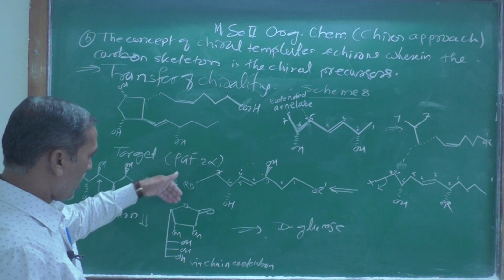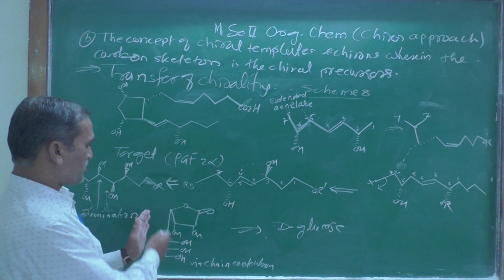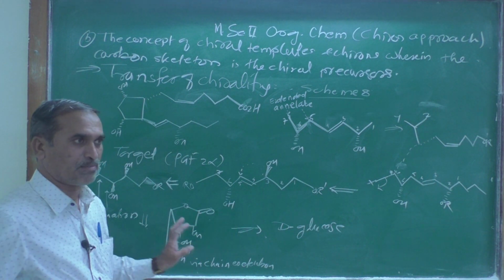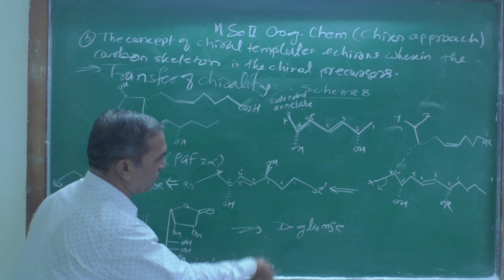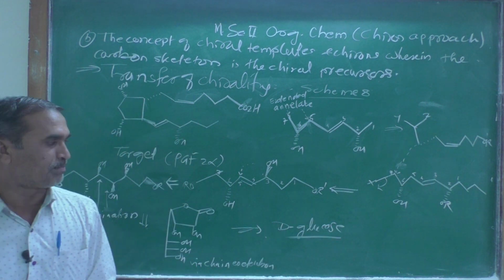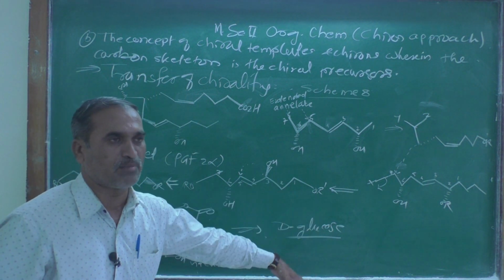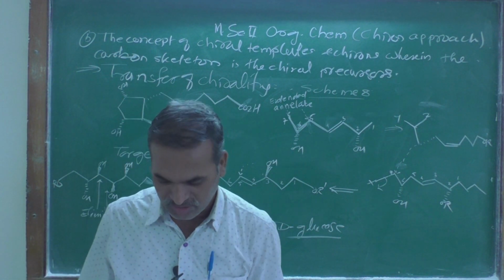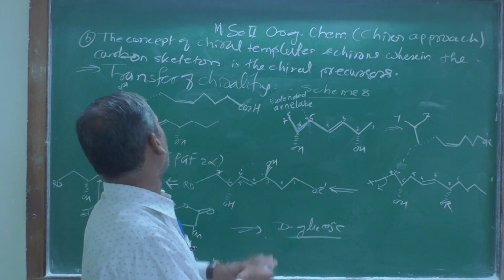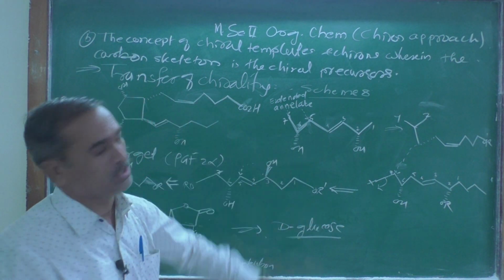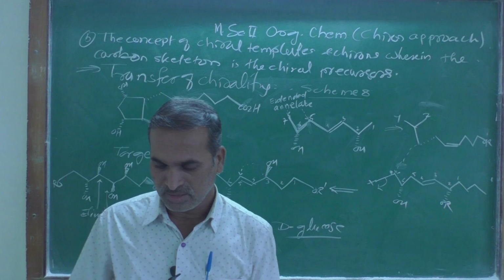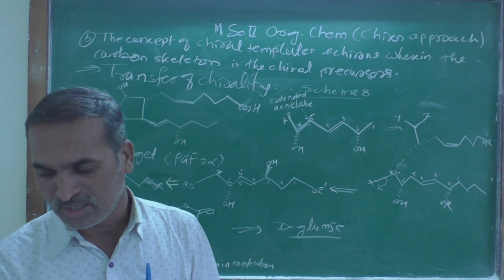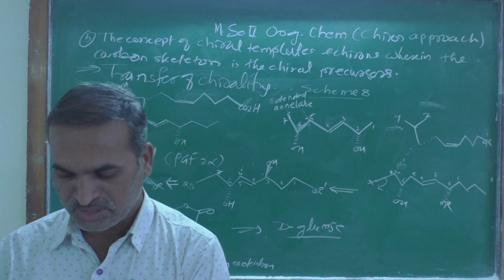You will get this, and now this is via chain extension. If you collectively collect this, you will get this type of molecule, and this molecule can be prepared from the starting material D-glucose, which is a precursor for the synthesis of this. So this is the concept of transfer of chirality, how we can introduce or bring the chirality here. That is the thing we have seen.